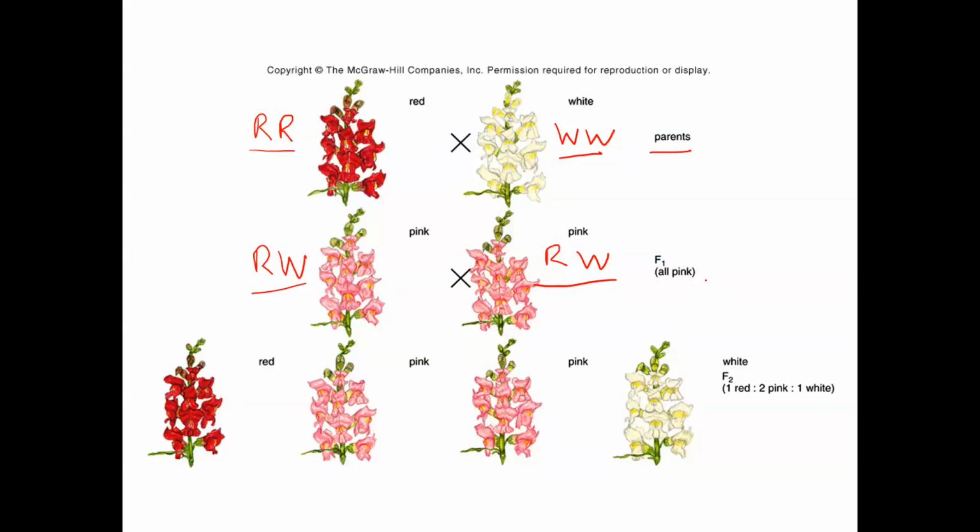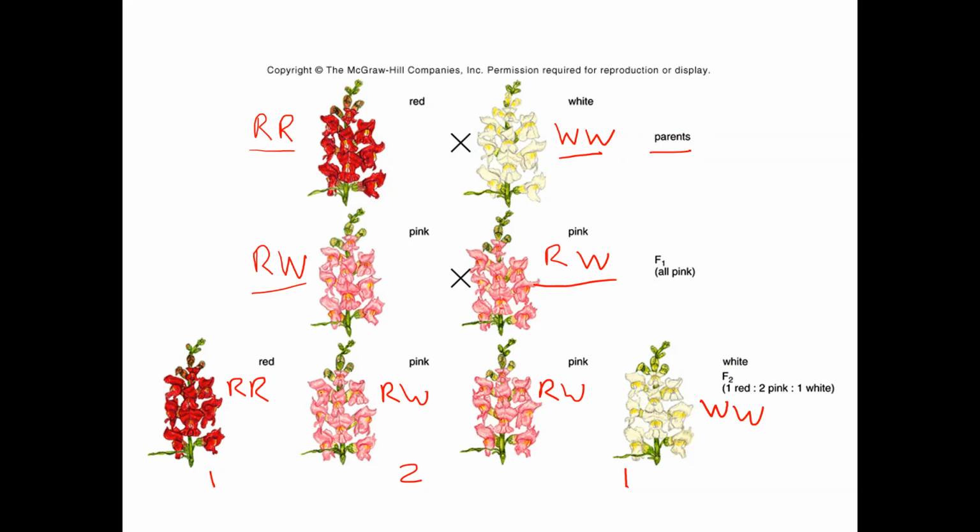So when you cross heterozygous now, normally remember when you cross heterozygous for the monohybrid cross, you would end up with a 1:2:1 genotypic ratio and a 3:1 phenotypic ratio, right? But here, we have a 1:2:1 ratio, right? So we have for red, 2 R's, for pink, each of them has an R and a W. And for white, 2 W's.